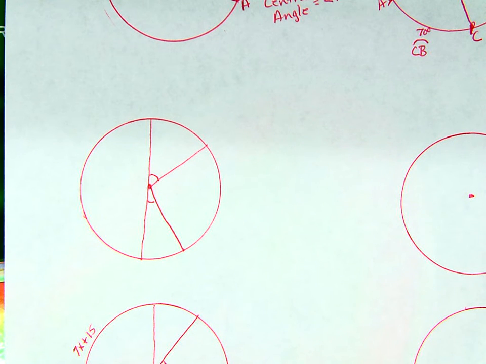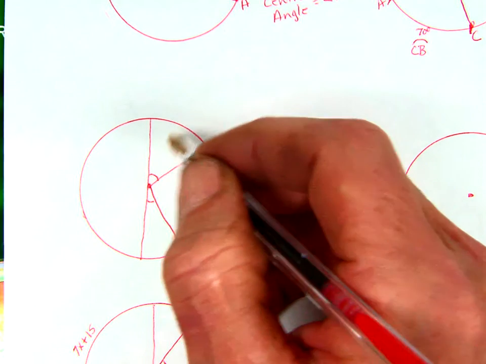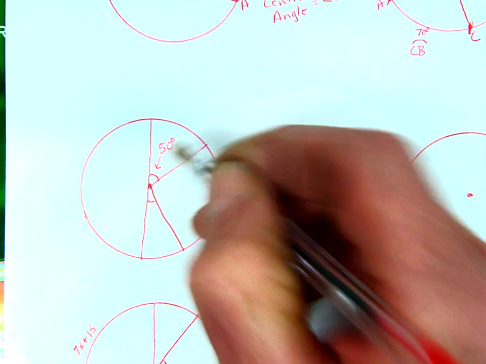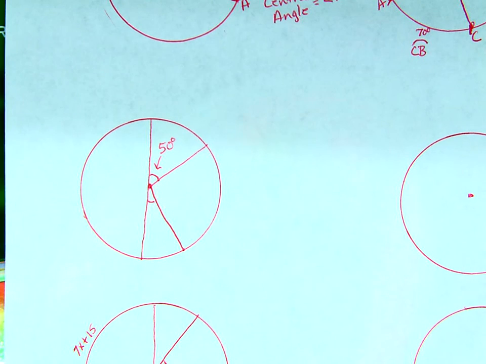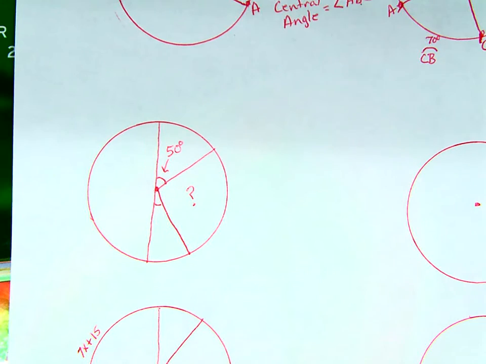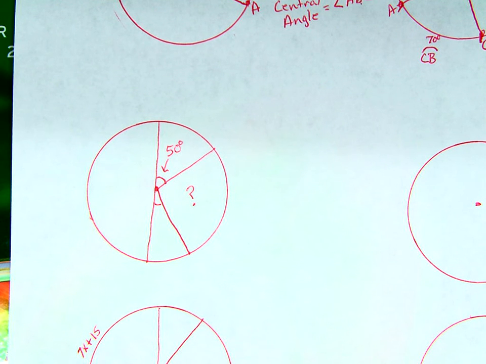All right. Here we go. 50 degrees for this angle. What is the measure of this one? All right, here's the geometry. Doing things in a logical manner.